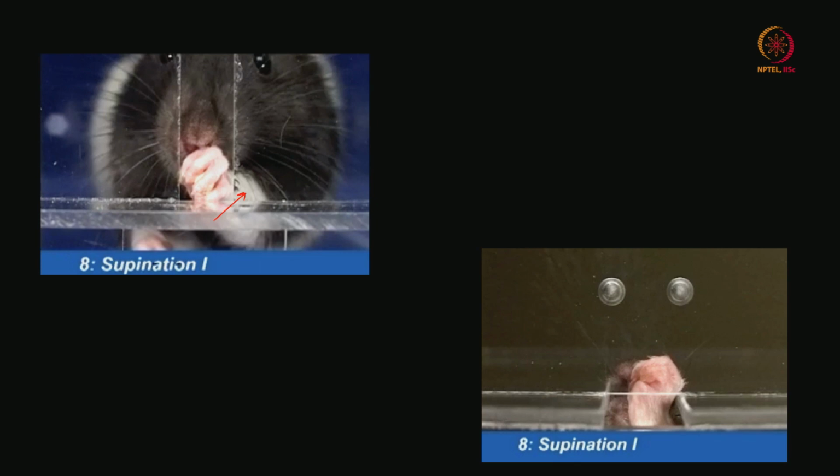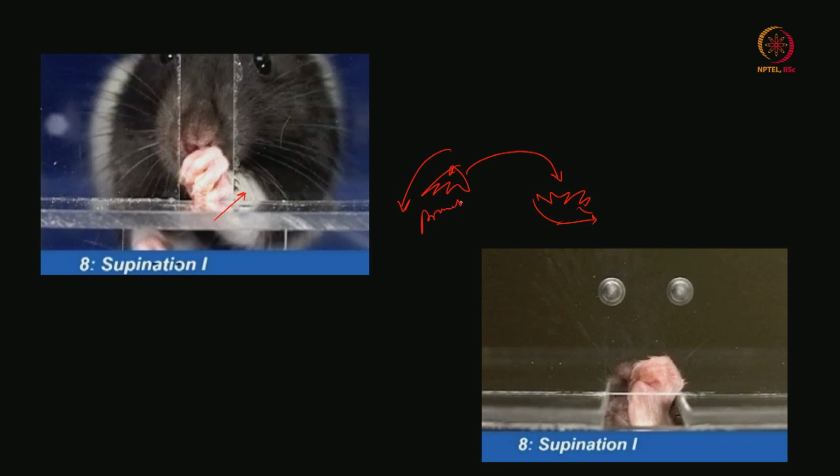So it obviously needs to reposition its forelimb. The first movement was the arpeggio, where the rat keeps all the digits on top, then it gradually rotates back, which is called supination movement, alright.